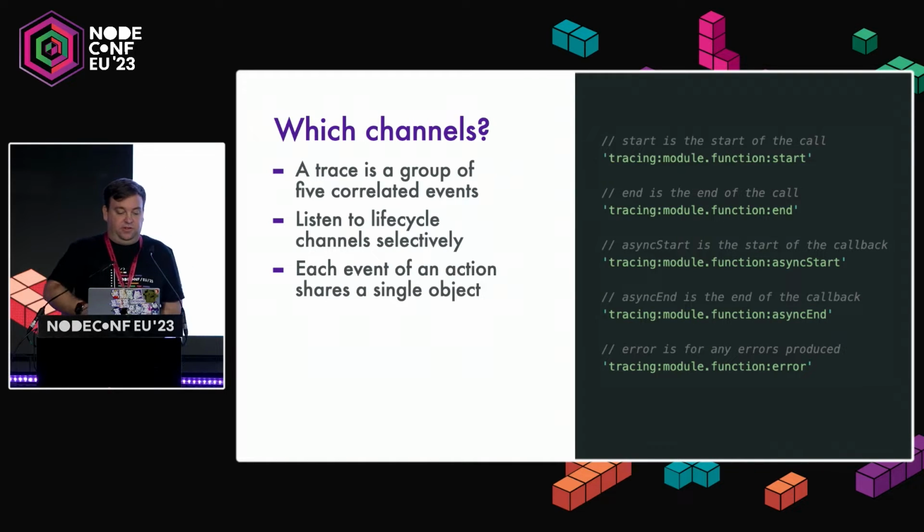Yeah, each of the events of a single traceable action will share a single object, which it'll emit to each of these channels, and you can use that object reference equality effectively to correlate the events to each other, or just stuff things into the object.